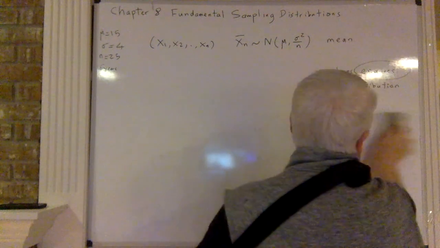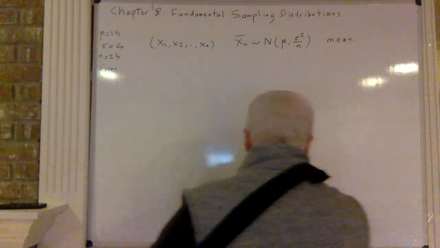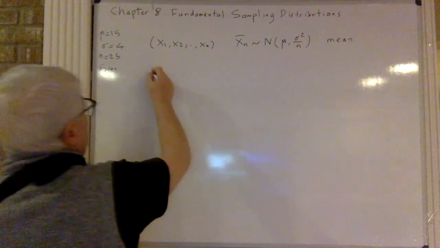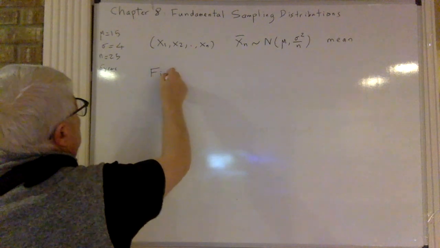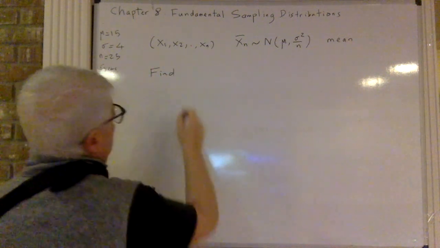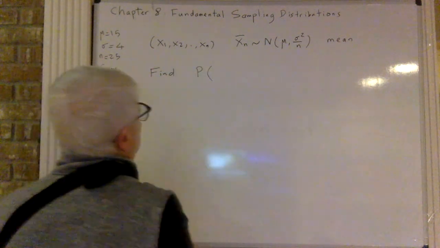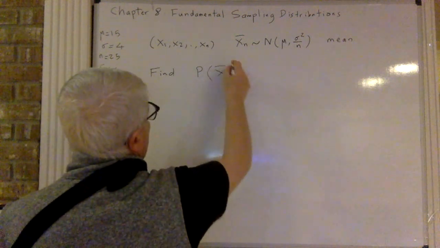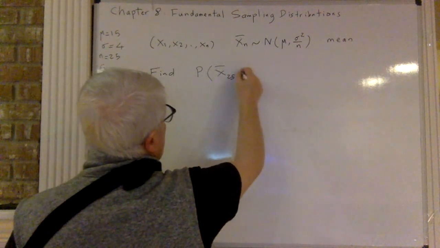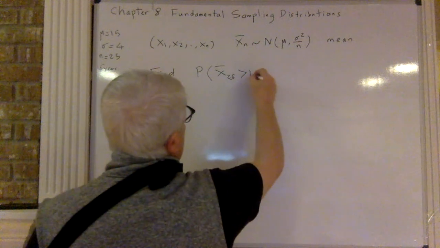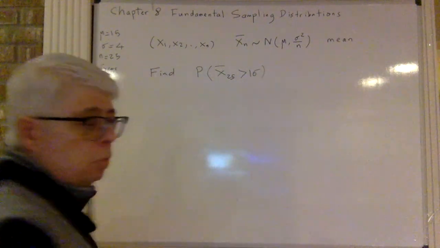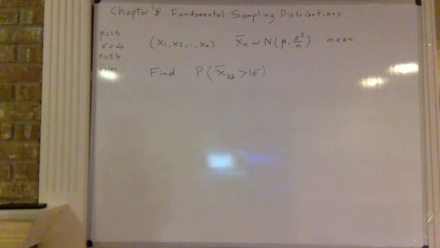The question is this: find the probability that x bar 25 is bigger than 16. That's what we want to find.